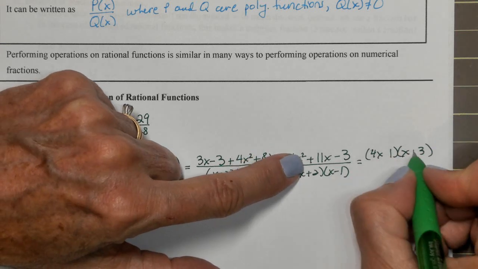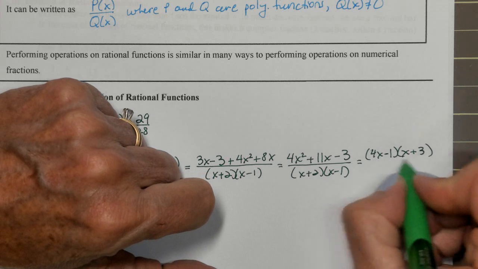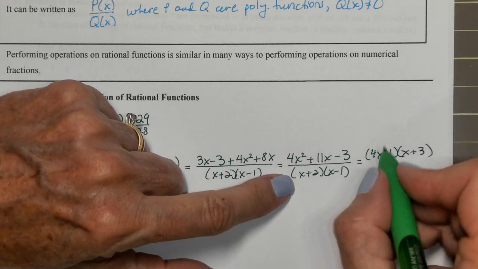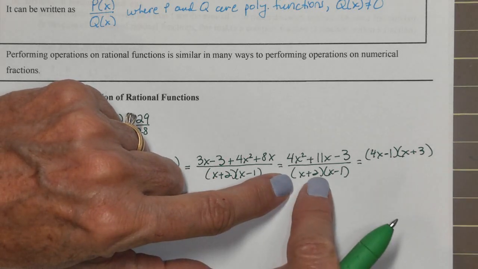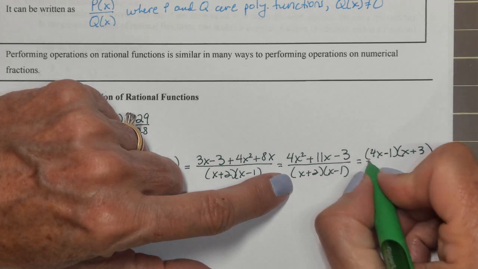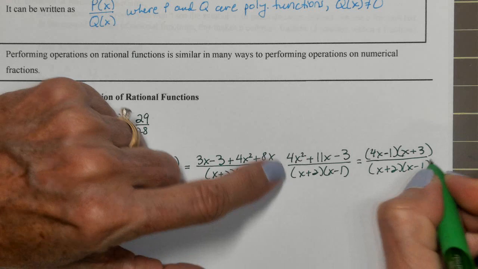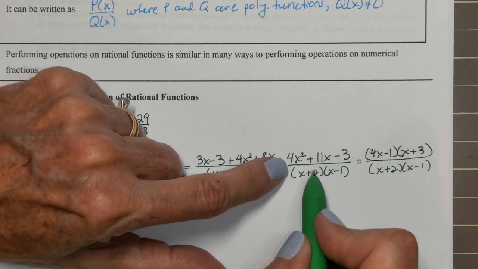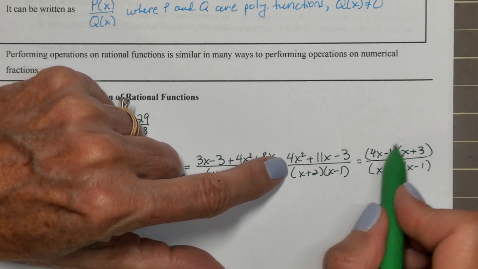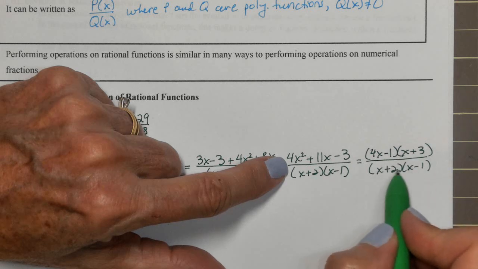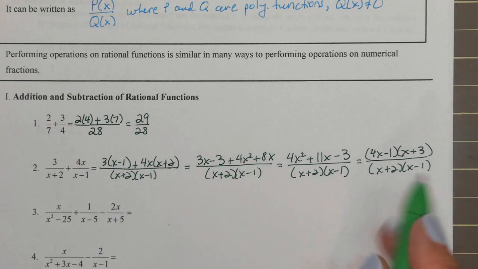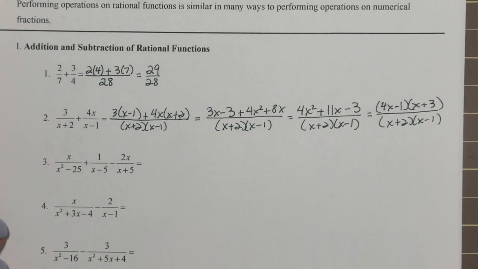There's a plus, so I need a plus there, minus there, and that's how it factors. But you see we didn't get a term here that would reduce. Since we didn't get a term that would reduce, we could have left the answer like this. The only reason you would want to factor is if one of your factors is going to be reduced with one of the factors in the denominator.